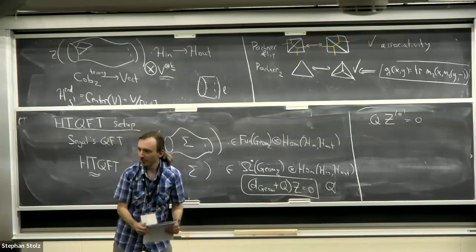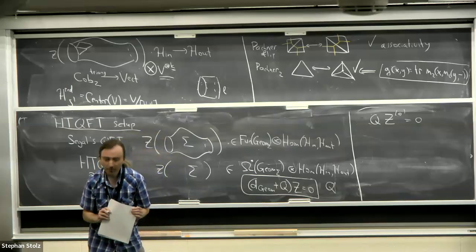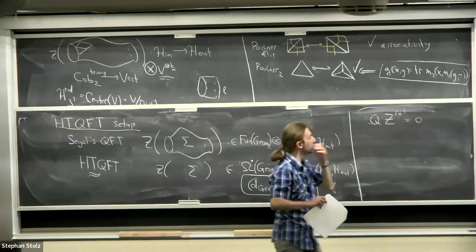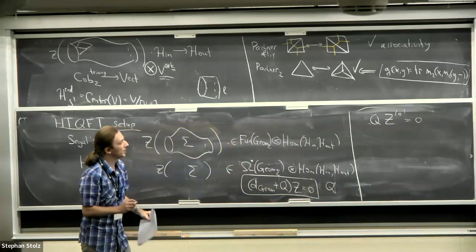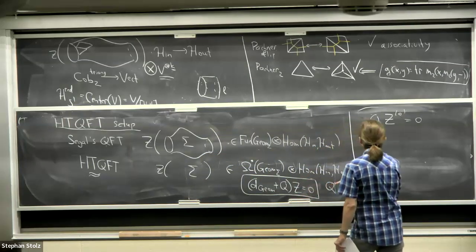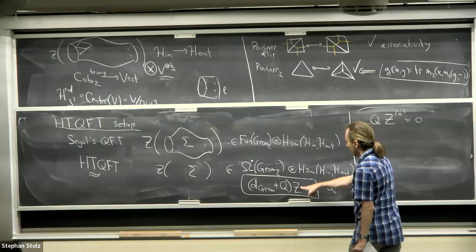Sorry, what did you say is the Z upper 0? That's the zero form component. It has various form components along geom. If I look at the next equation, there's a hierarchy of equations.